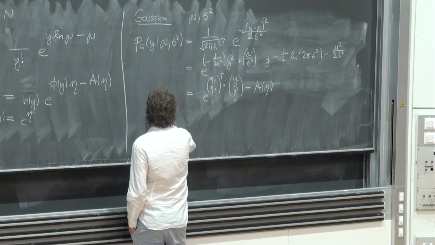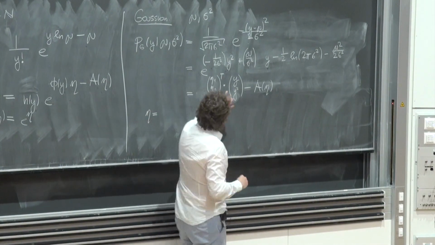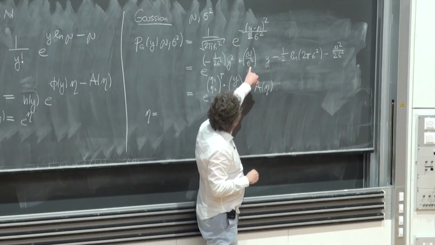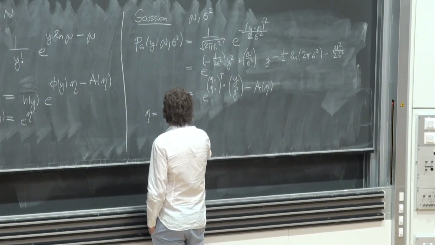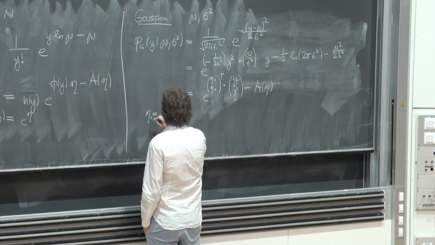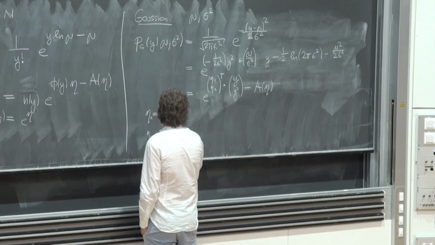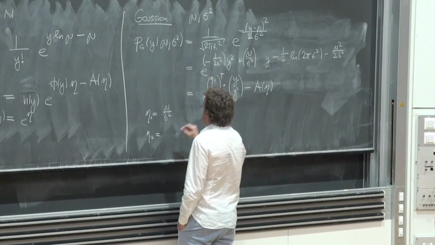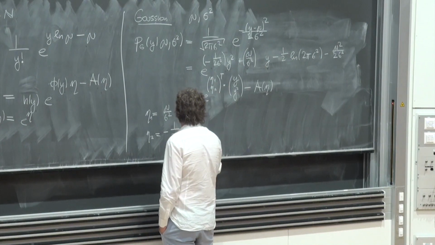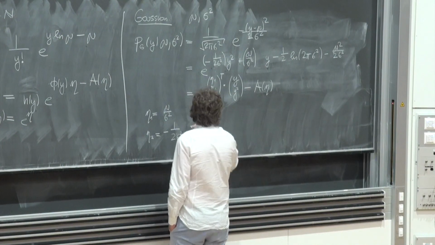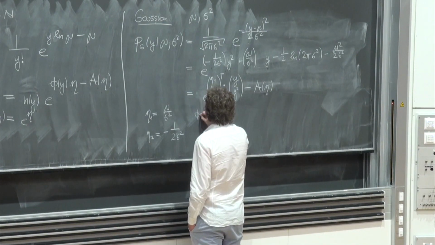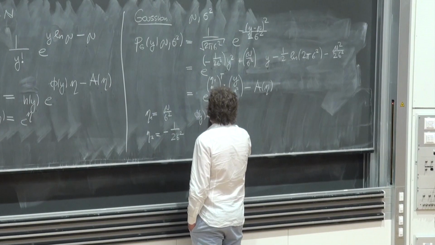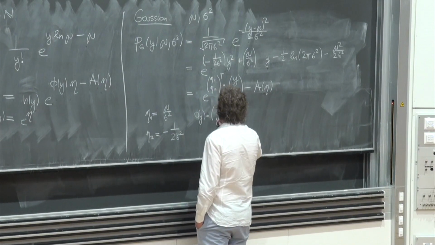Eta 1 is the one that multiplies the y, which is just mu over sigma squared. Then this is eta 1. Eta 2 is the one that multiplies this, it is minus 1 over 2 sigma squared. Then phi, we already wrote down, phi of y is just a vector that's y and y squared.